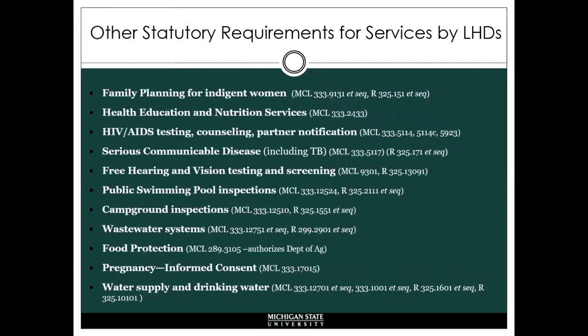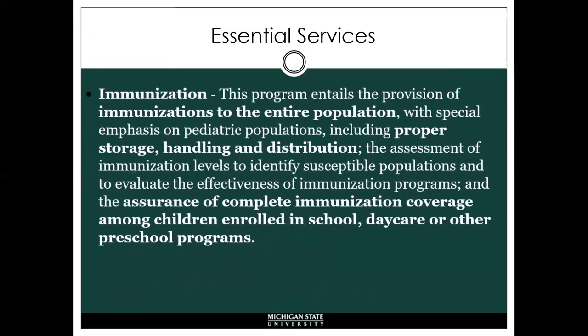The other requirements that health departments need to provide are family planning, health education and nutrition services, which would be WIC, HIV testing, serious communicable disease, which primarily is TB control, hearing and vision screening, public pool inspections, campground inspections, pregnancy testing, and again, drinking water testing.